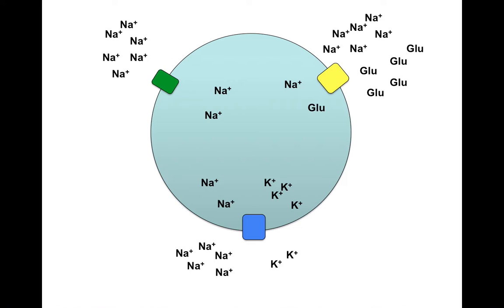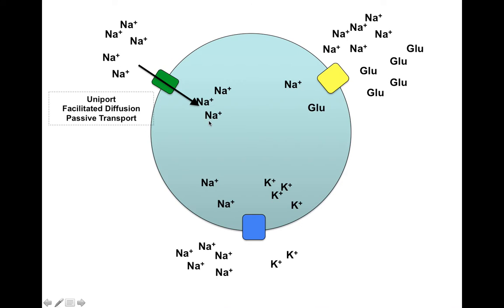It's essentially going to be rejected. And so just as long as you have some kind of a channel or a carrier protein present, sodium can move down its concentration gradient into the cell, and it does so passively. Again, because there's no ATP required for things to move from high to low concentration.